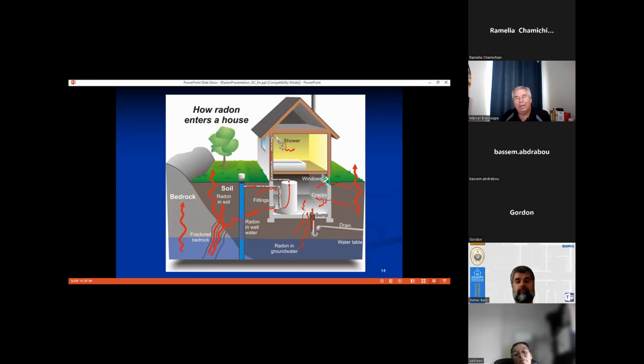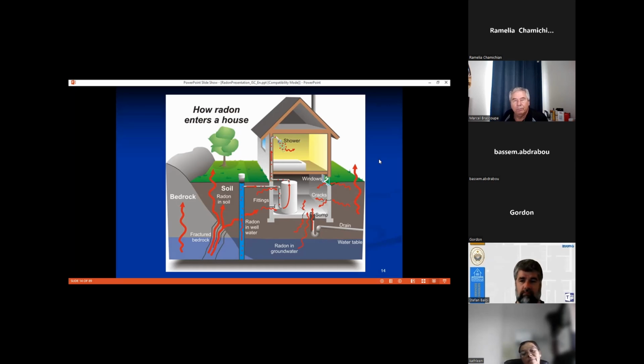Anytime you have walls, basements, or a roof, as an example, touching the ground, there's potential for radon to get into your home. Sometimes people ask me, I have a home that's a slab on grade, there's no foundation. Could I have a radon problem? Anytime you have your floor, walls, or roof touching the ground, there's a potential to have radon in your home.